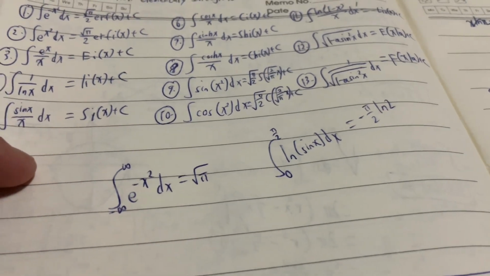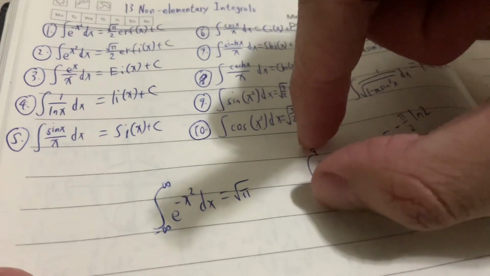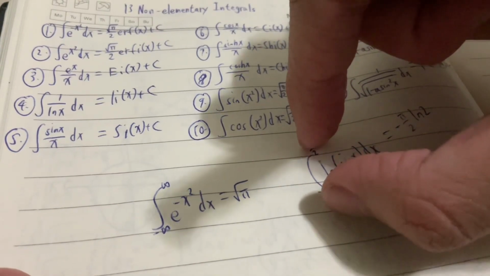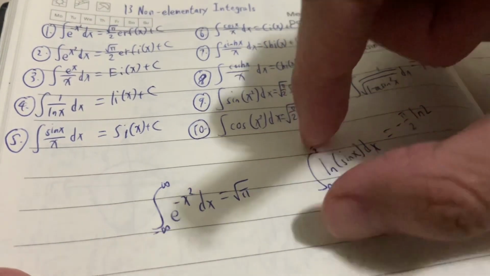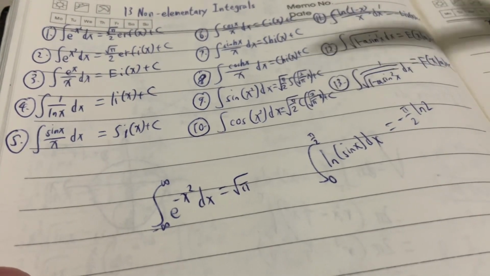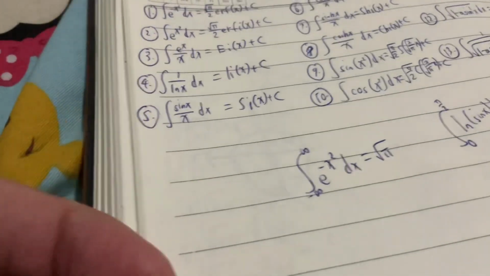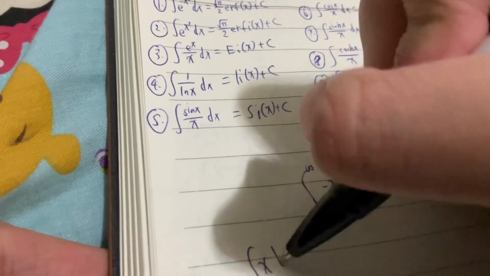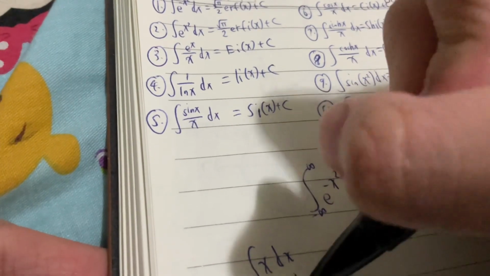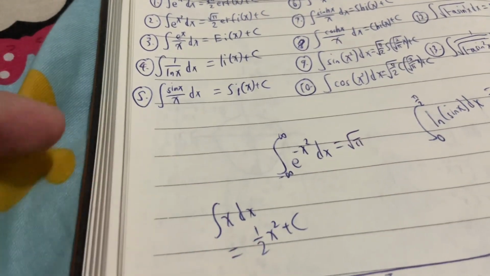The reason we have an answer is that if this is an indefinite integral, the purpose is to find the general solution, to find the area under the curve, right? Like the integral of x dx, you just get 1/2 x squared plus c, and you can plug in some upper limit and lower limit.